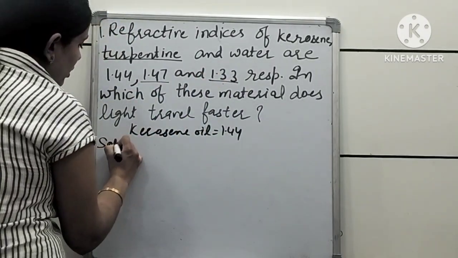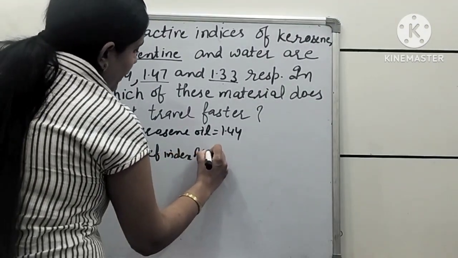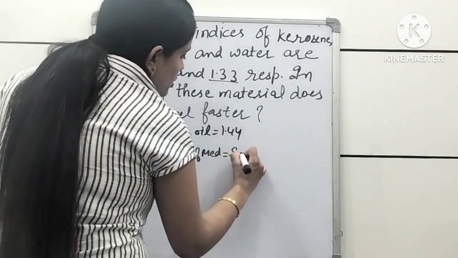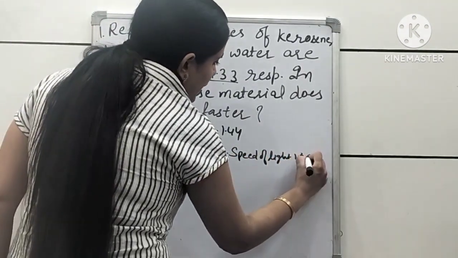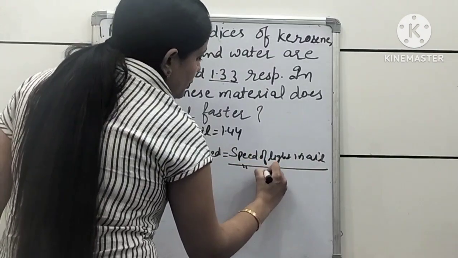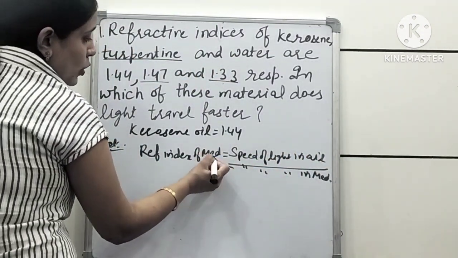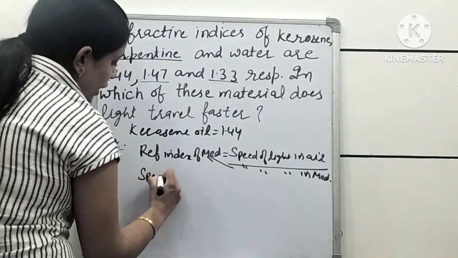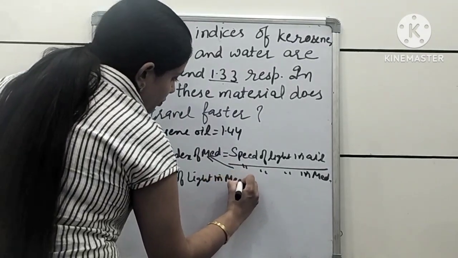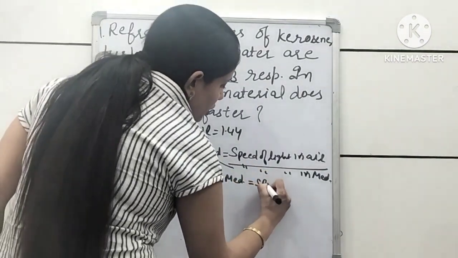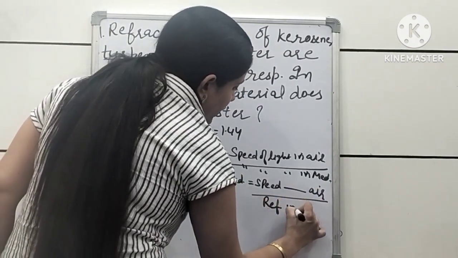We all know that the refractive index of a medium is equal to speed of light in air divided by speed of light in the medium. If we cross multiply, the speed of light in the medium is equal to speed of light in air divided by refractive index.